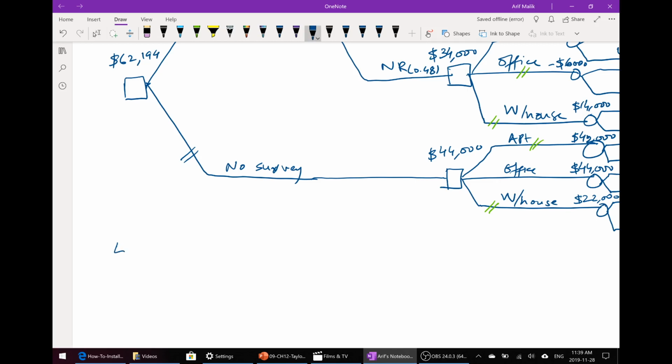So we have expected value of survey information is equal to expected value with survey information minus maximum expected value coming from no survey, or without report. Okay, so we have expected value with survey information.